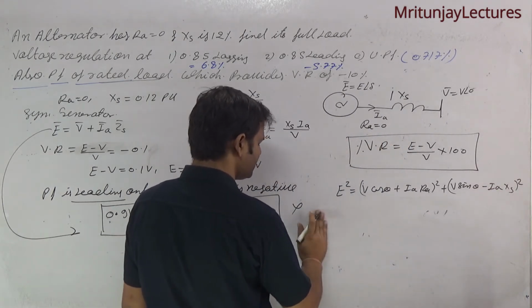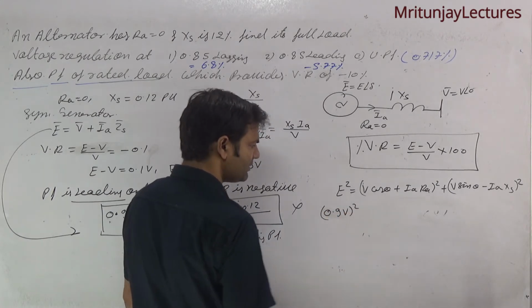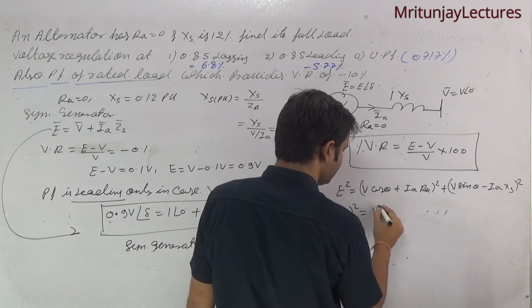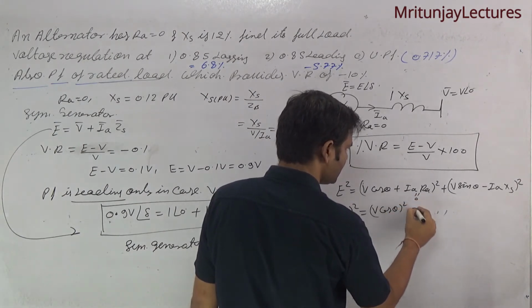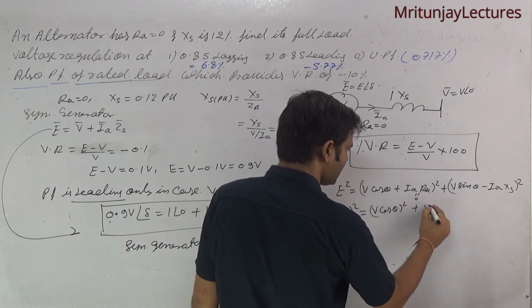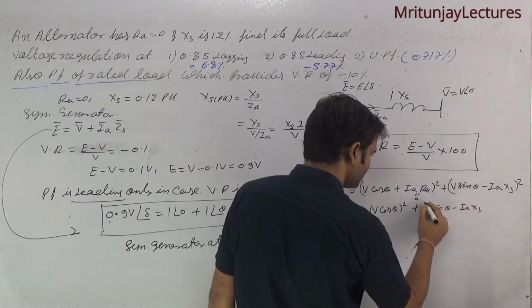E is equal to 0.9 V, so (0.9 V) whole square equals (V cos theta) whole square, where this one is 0, plus (V sin theta minus IA XS) whole square.